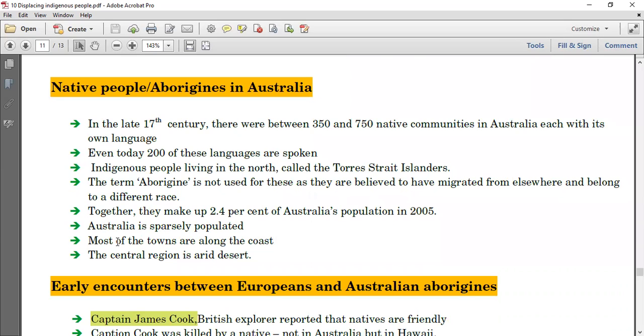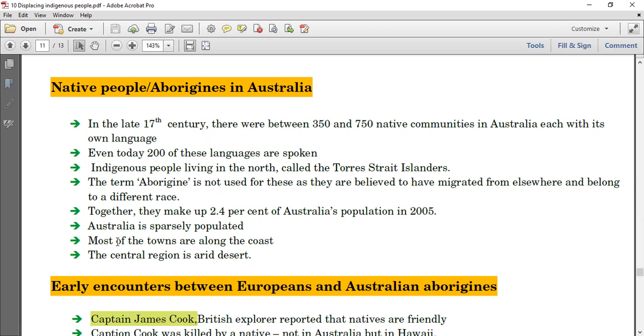Talking about the native people or the Aborigines in Australia. In the late 18th century, there were between 350 and 750 native communities in Australia, each with their own language, and even today, 200 of those languages are still spoken. Indigenous people lived in the north and they were called the Torres Strait Islanders.